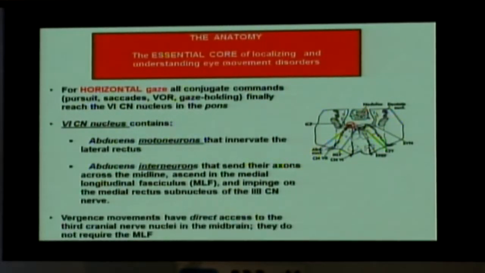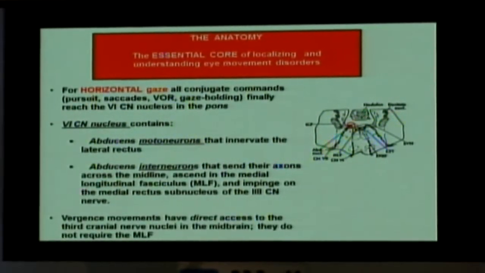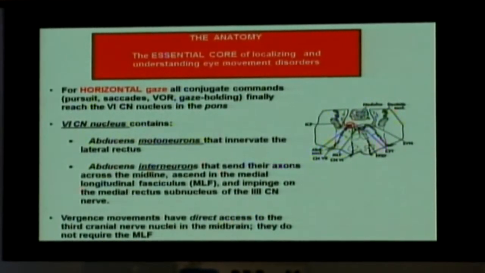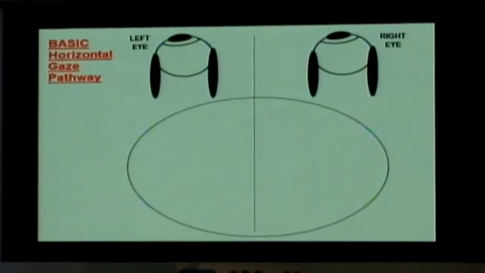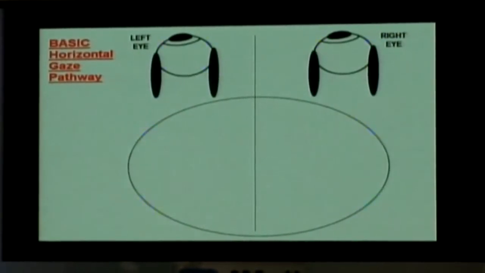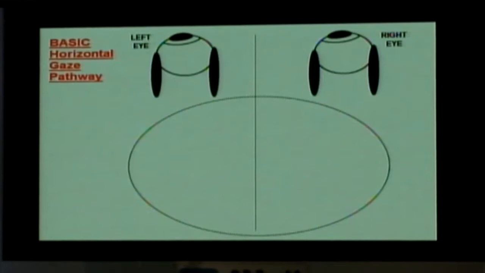Vergence movements are different. They have direct access to the third cranial nerve in the midbrain. They do not require the medial longitudinal fasciculus. So let's take a simple diagram. And if you remember one bit of anatomy today, please remember this diagram.